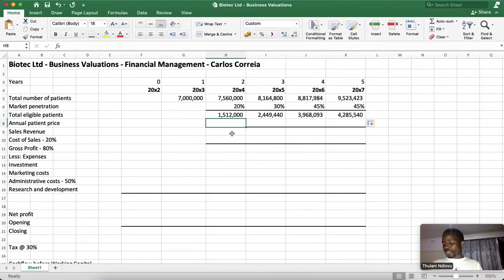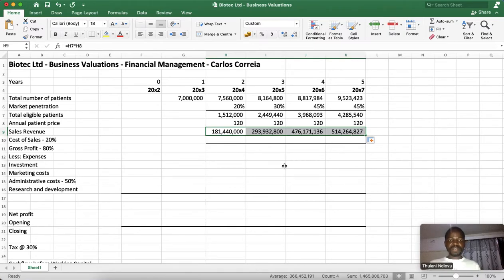Then we were given that each year, each patient will be paying 120 rands per year. Then our sales revenue per year, we say total eligible multiplied by the selling price, annual patient's price. We get that figure, we can copy the formula to year 5, which is 20x7.